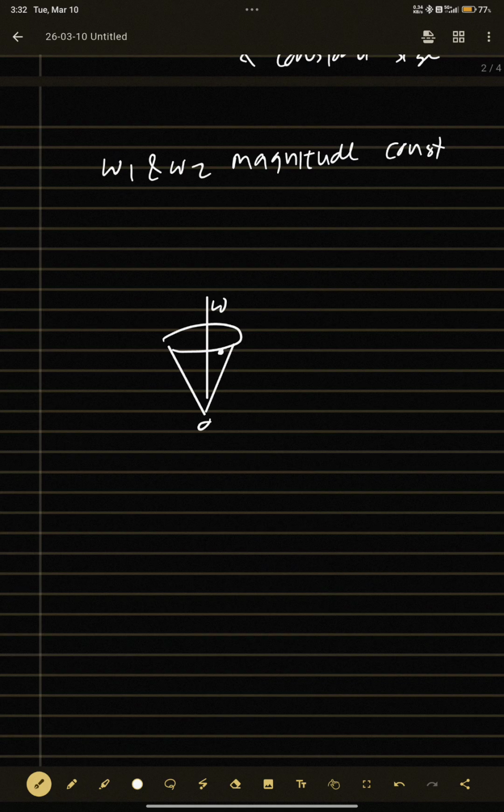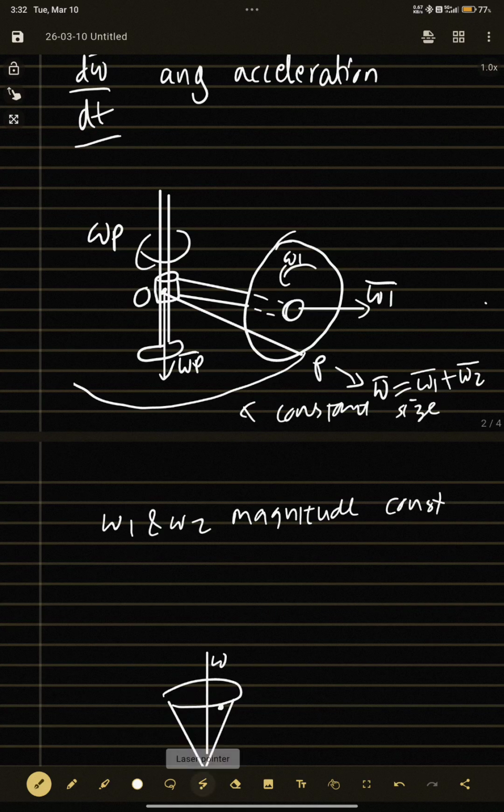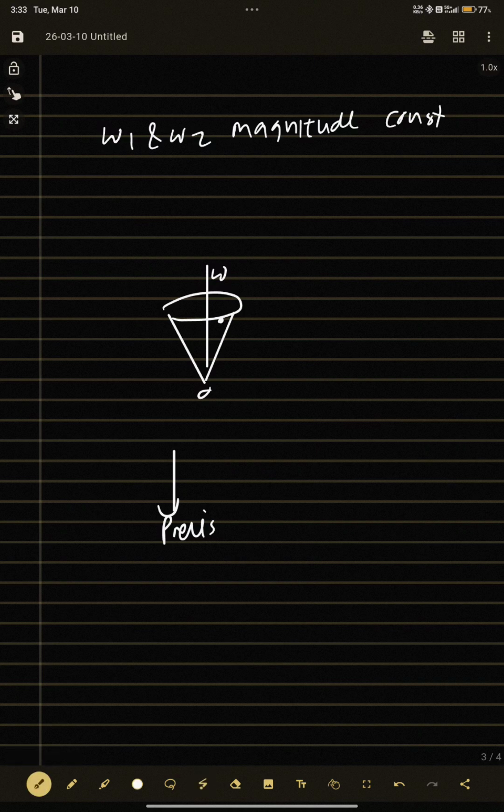Now what is happening? इस केस में क्या हो रहा है? Can you understand? ये जो ओमेगा है, total omega, it is undergoing fixed axis rotation about the precession axis. तो ये d omega dt क्या हो जाएगा? ओमेगा p cross.